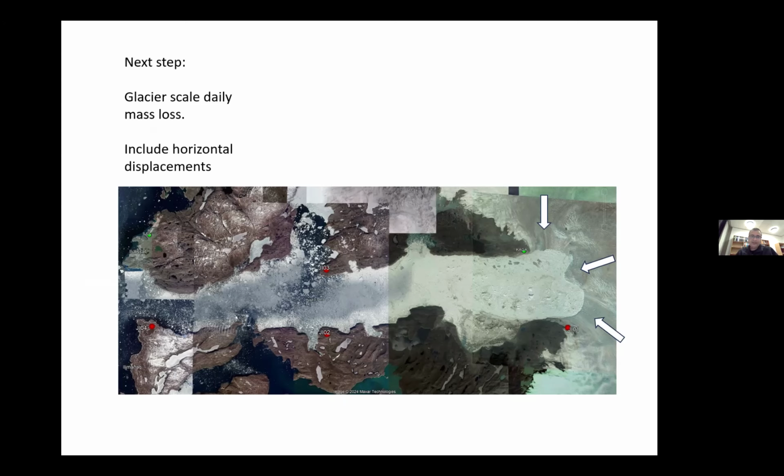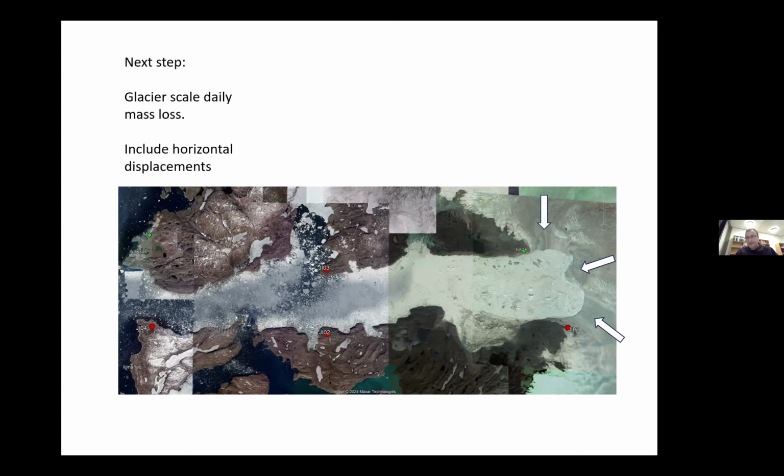So for Jakobshavn, the green dots here, Ilulissat and Kaka, are stations that were installed in 2006. So we have all 20 years of data. The 4 red dots are new stations installed this summer.